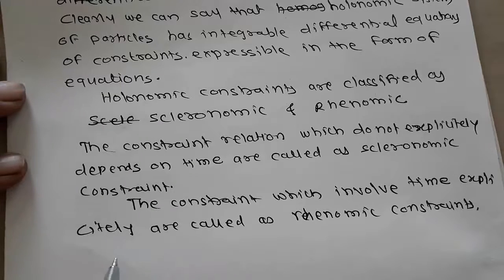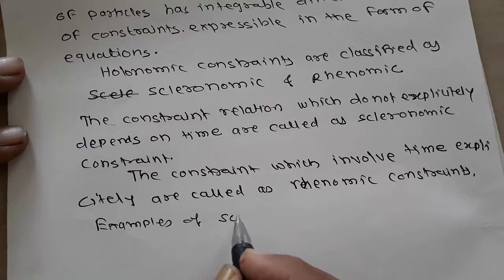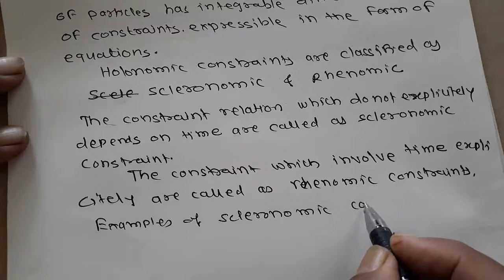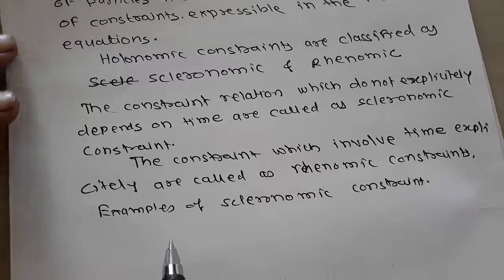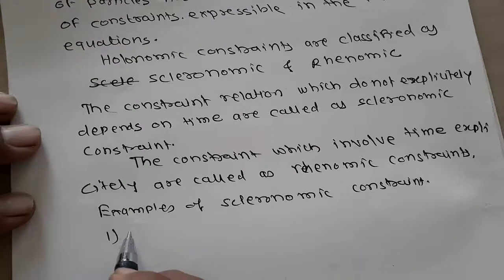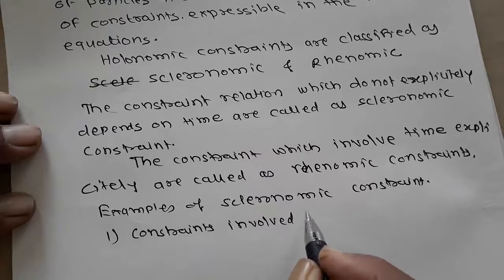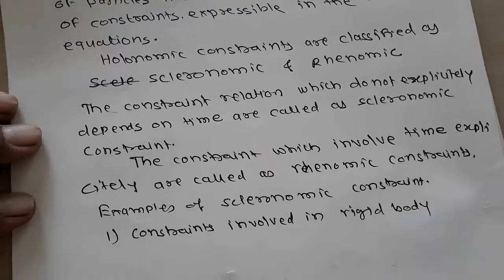Now let us see some examples of scleronomic constraint. First example, the constraint involved in the motion of a rigid body.